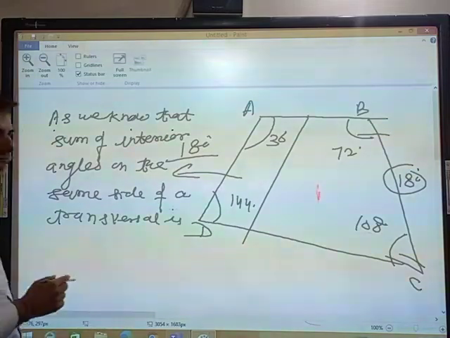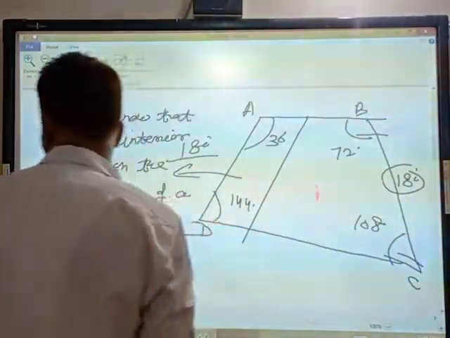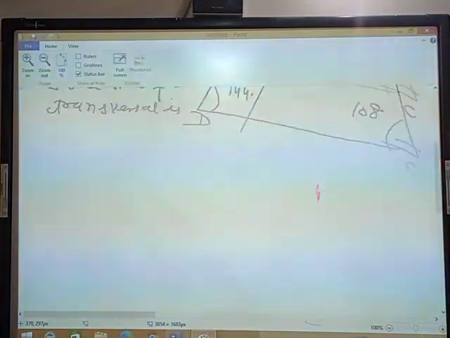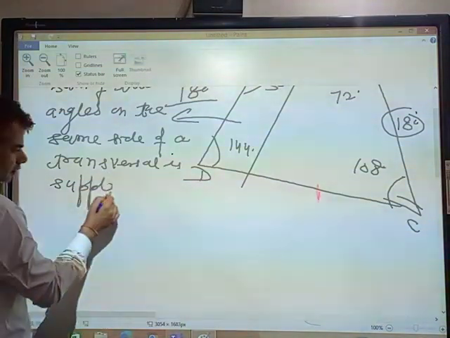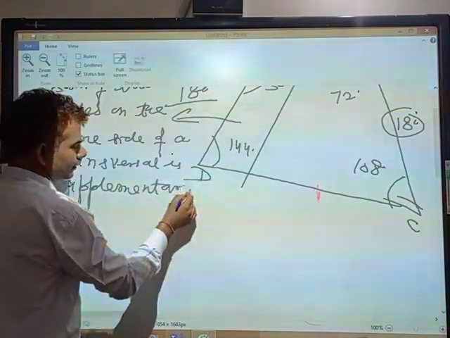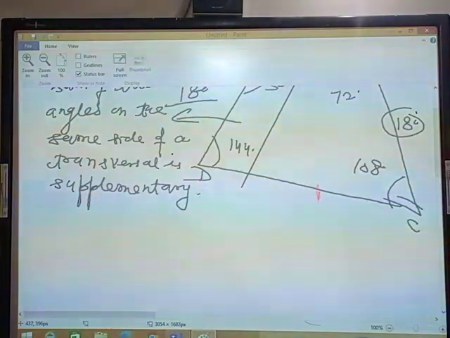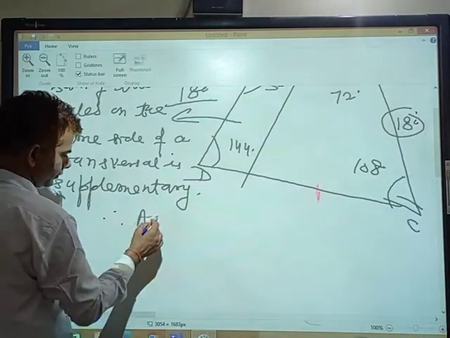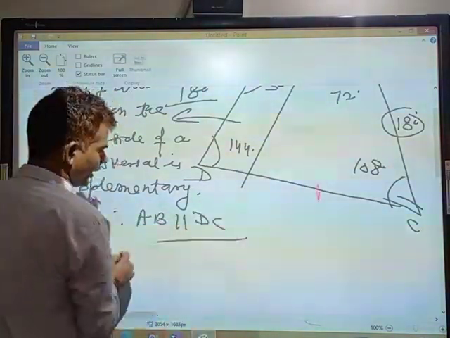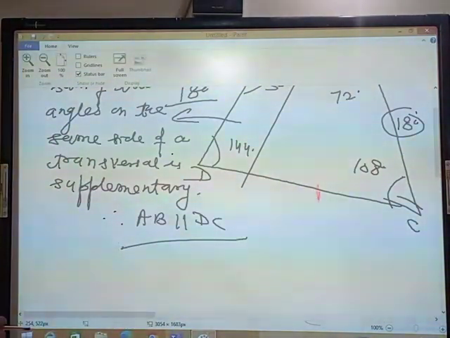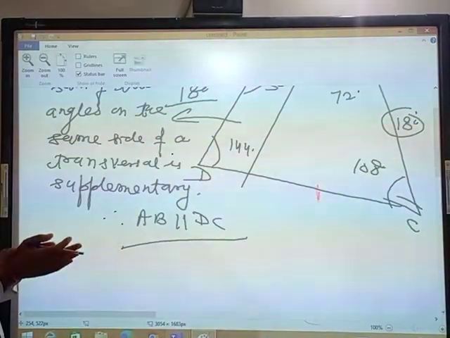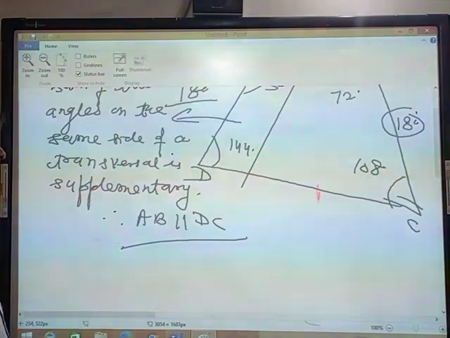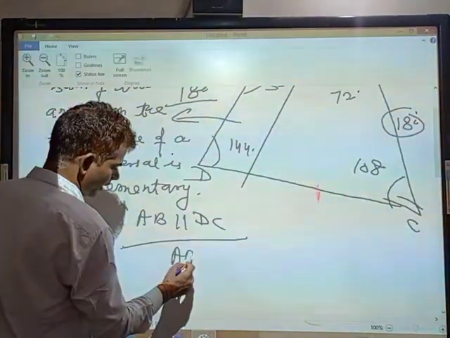What are supplementary angles? Those angles which add up to 180 degrees. Then the lines will be parallel. Therefore AB is parallel to CD. And in a quadrilateral, if one opposite pair of sides is parallel, that quadrilateral is called a trapezium. So ABCD is a trapezium.